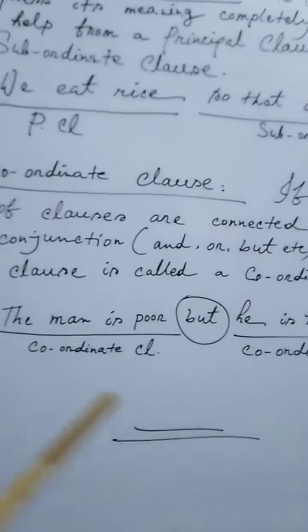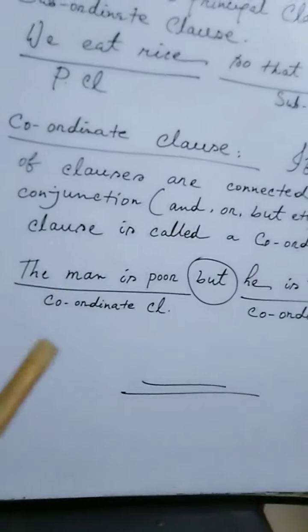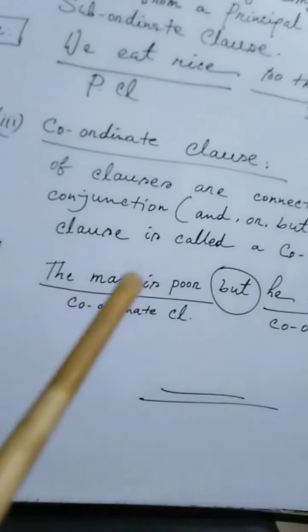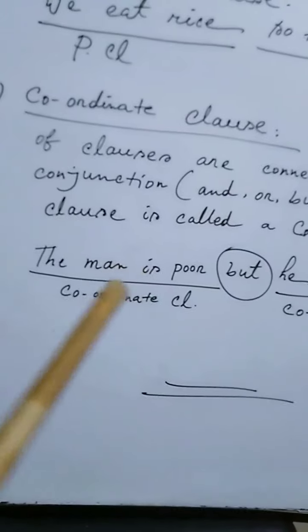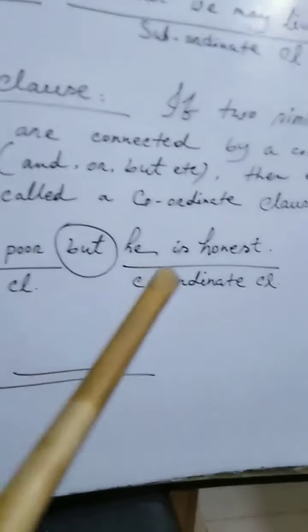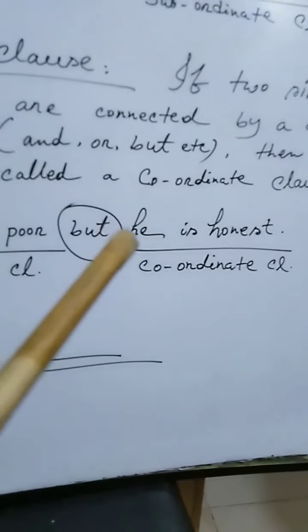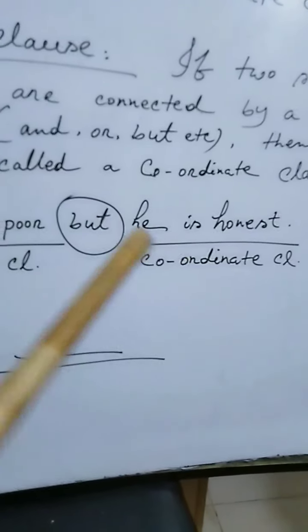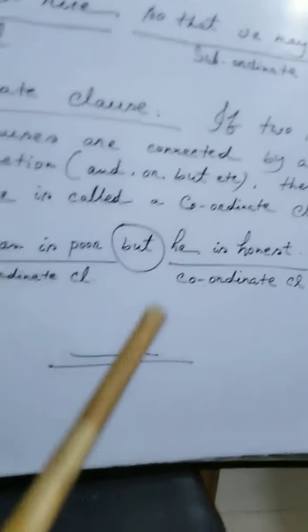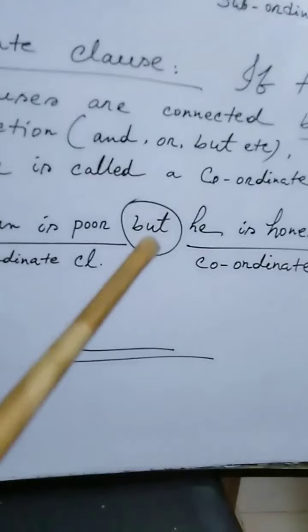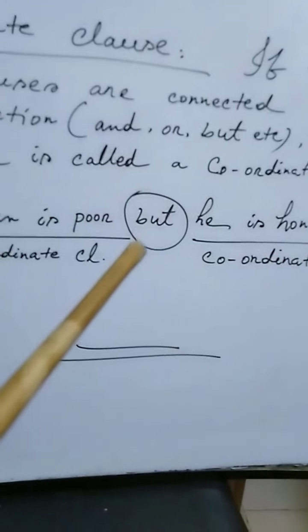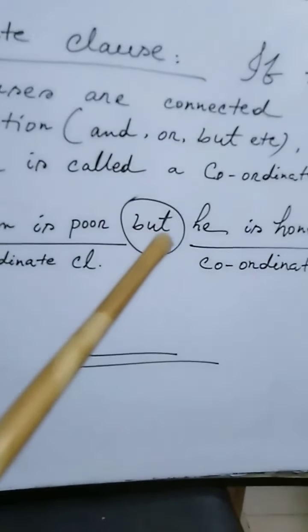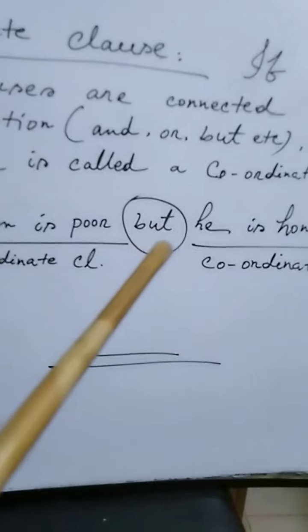These two parts are clauses of this sentence because the man is the subject, is the finite verb. That's why this part is a clause. On the other hand, he is a subject and is a finite verb. That's why this part is also a clause. These two clauses are connected with each other by a coordinating conjunction, but. You know, but is a coordinating conjunction.